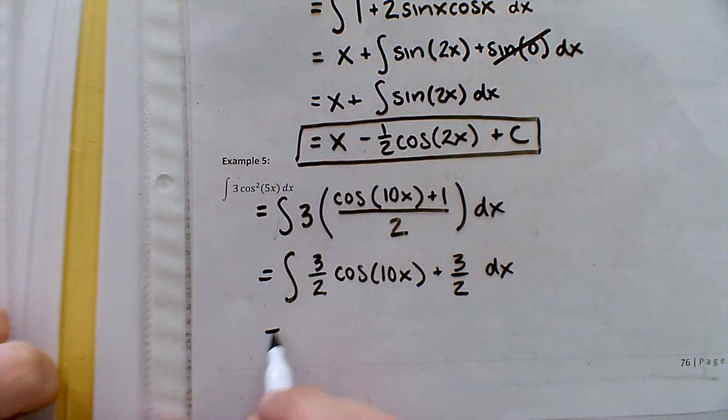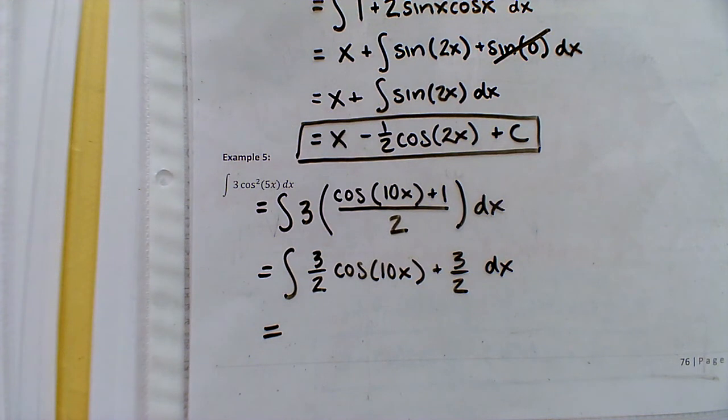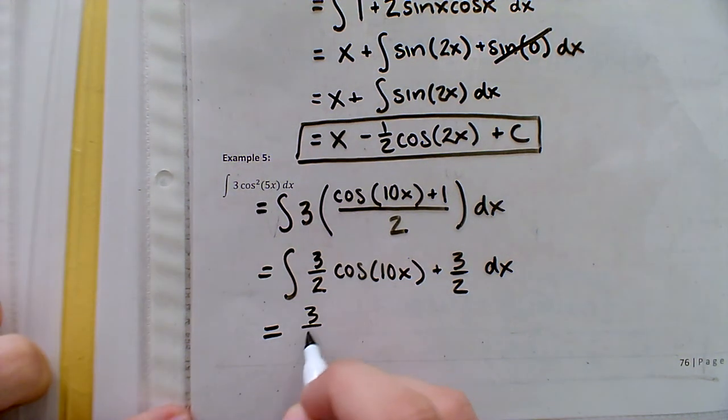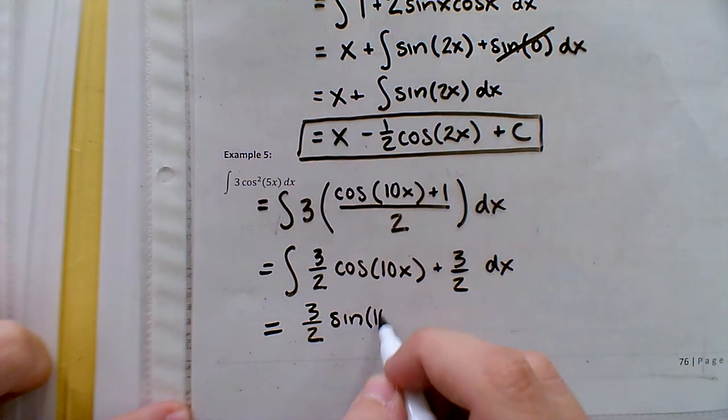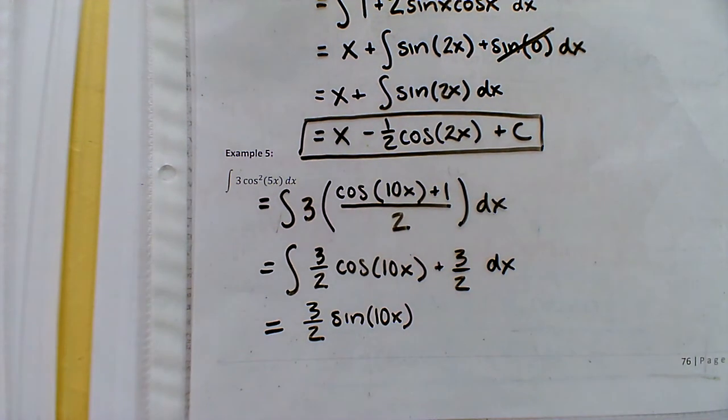All right, let's see if we can work backwards. So we can keep the 3/2 as a coefficient. Antiderivative of cosine is sine. Keep the inside, but we gotta counteract that chain rule. Normally we multiply by the derivative of the inside.